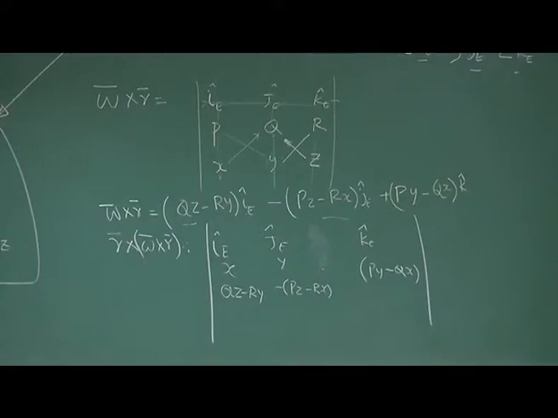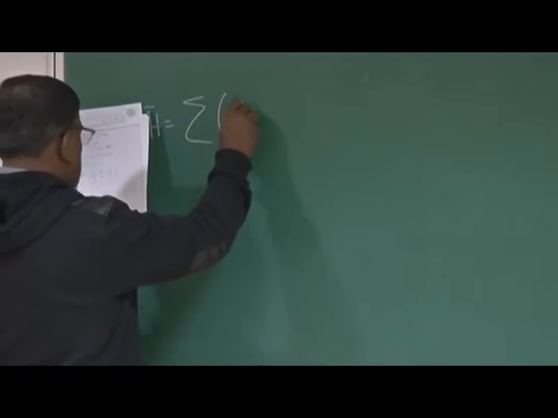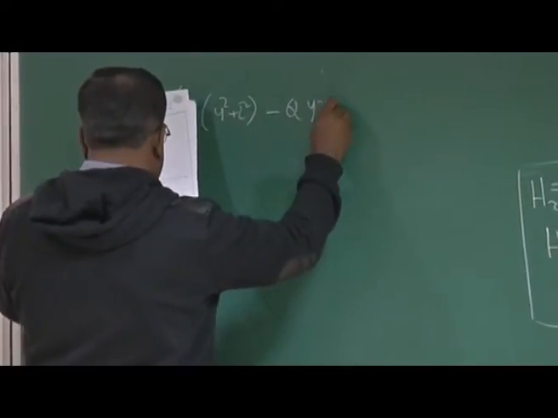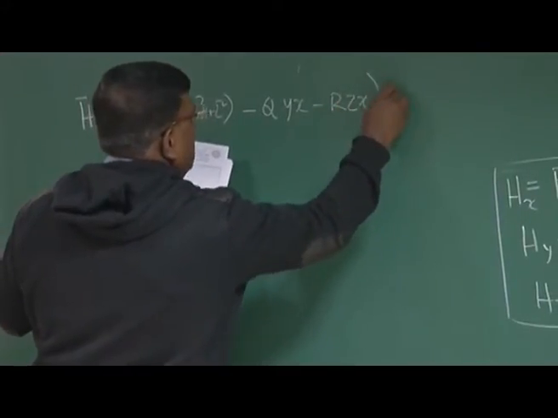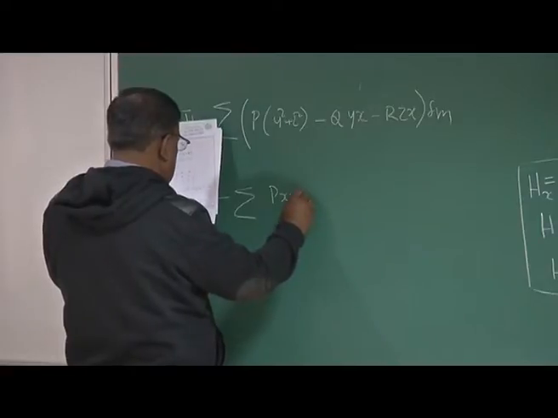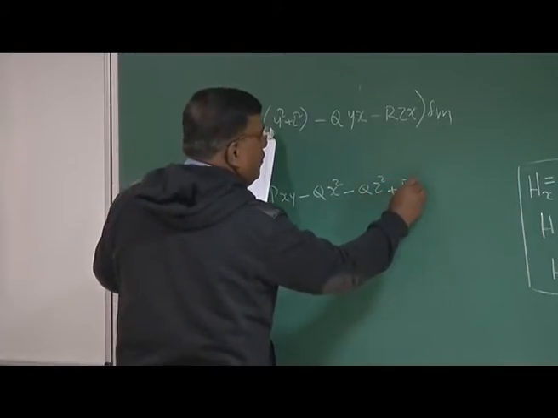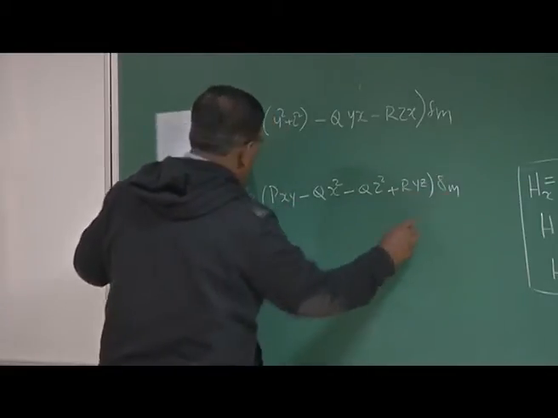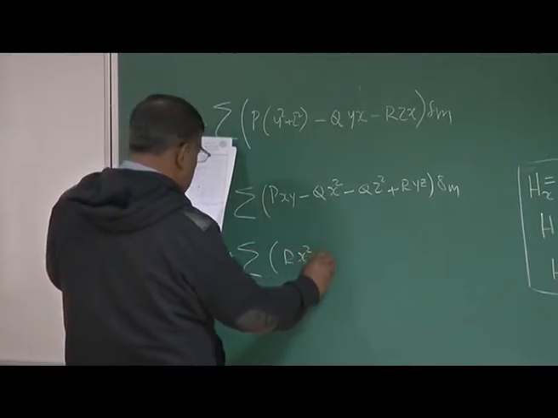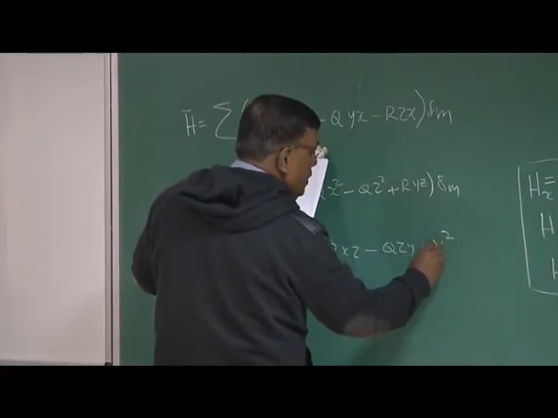Simply do it in a similar way, and then you will get the whole expression for H as, let me write this, summation of (P(y square plus z square) minus Qyx minus Rzx) dm, then minus again summation of (Pxy minus Qx square minus Qz square plus Ryz) dm, and the third one will be plus summation of (R(x square plus y square) minus Pxz minus Qzy) dm.